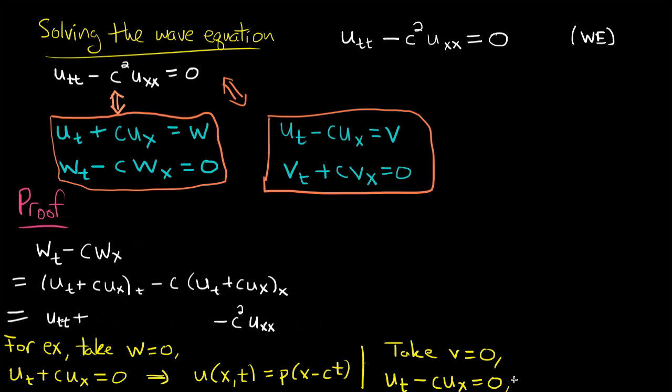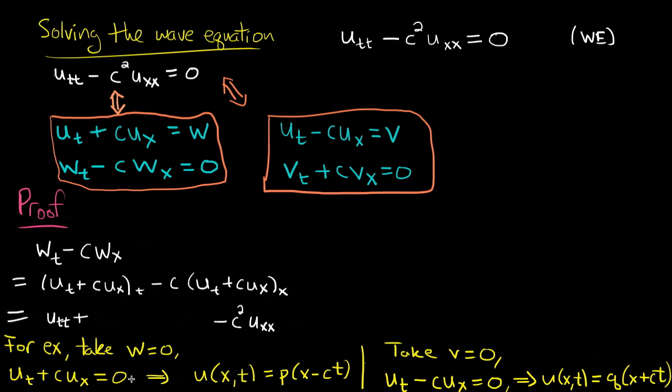And I know a solution to that would be any function u of x, t of the form q of x plus ct, where q is a sufficiently nice function. I think I can say safely that without too much work, without really breaking a sweat, we've got a lot of solutions to the wave equation.